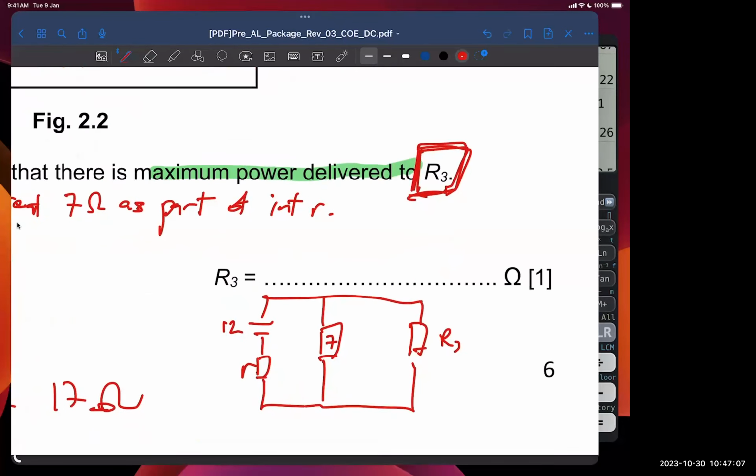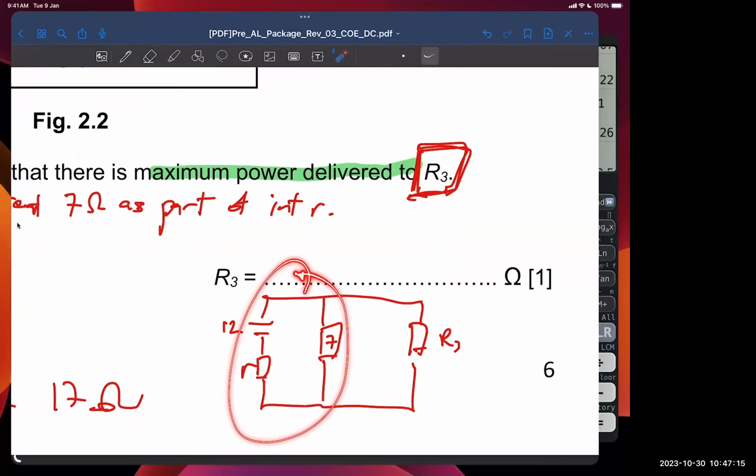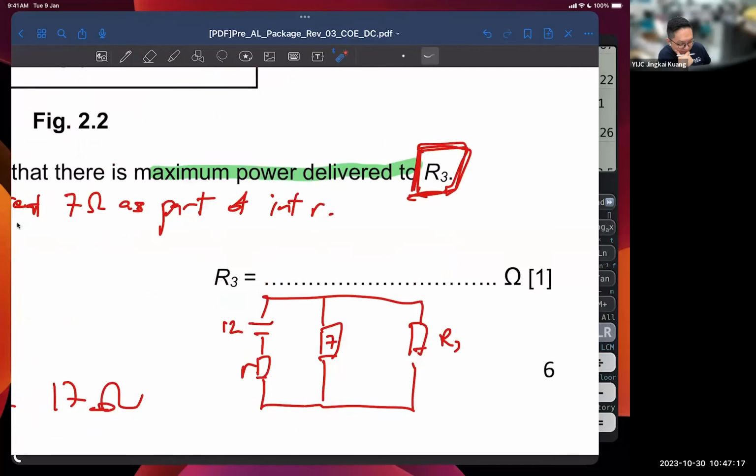Yeah, I would treat these two in parallel first. I think so. I'm not really sure, I never tried this kind of question before. Yeah, interesting question. Food for thought for later.